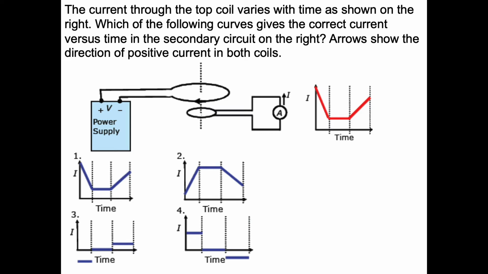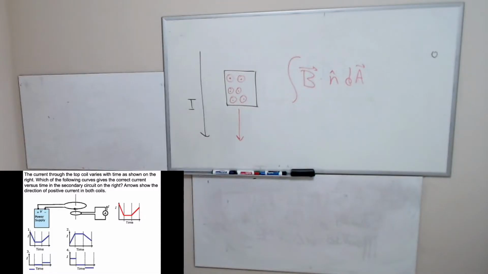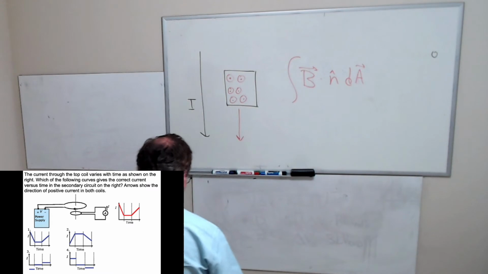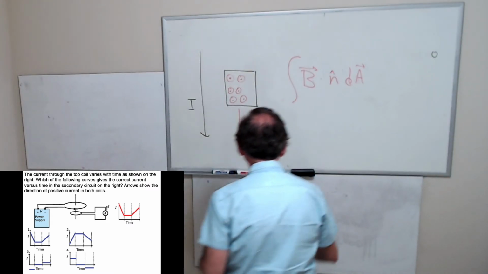Those are the choices split evenly between choice 2, 3, and 4. And of course, hopefully one group will be correct, right? And I'm not going to draw the loops of wire or anything like that. I'm just going to draw the graph, the graph of the current as a function of time.